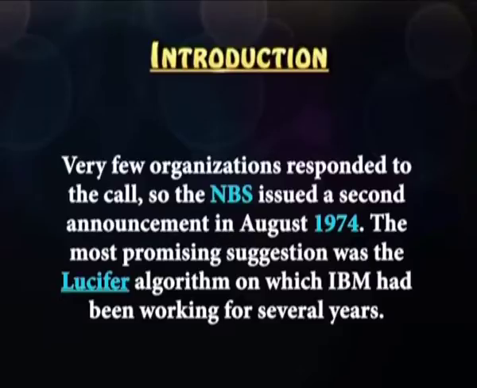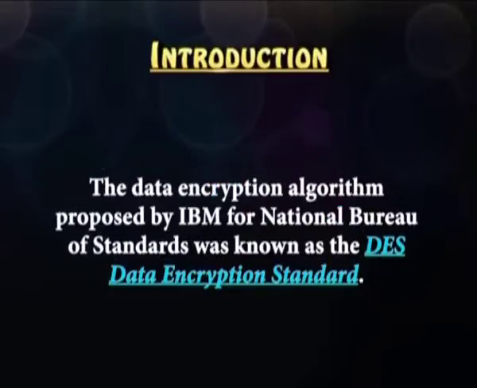In response, the most promising suggestion was the Lucifer algorithm, on which IBM had been working for several years. The data encryption algorithm proposed by IBM for the National Bureau of Standards was known as DES, Data Encryption Standard.